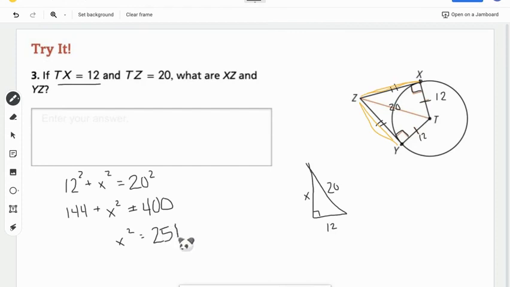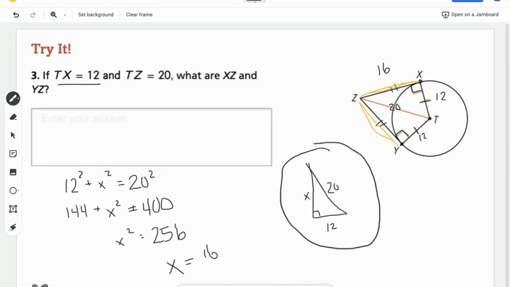Make sure you're taking that square root. So if we want the square root of 256, it means x is equal to 16. So again, we're using these properties of tangents, but we're also going back and looking at the fact that it's really a triangle with tangents that we're dealing with, right? Both of these lengths are 16 long.